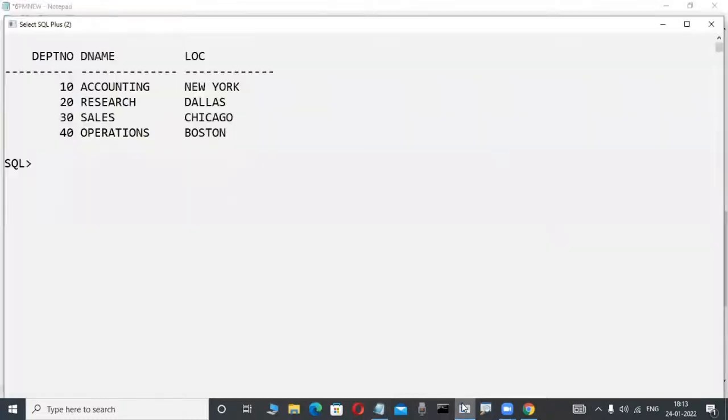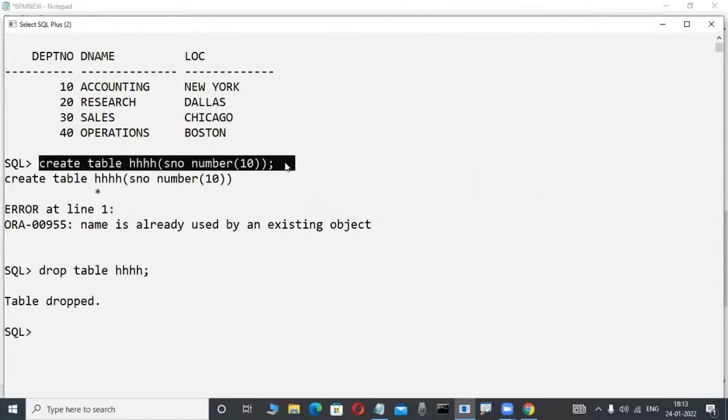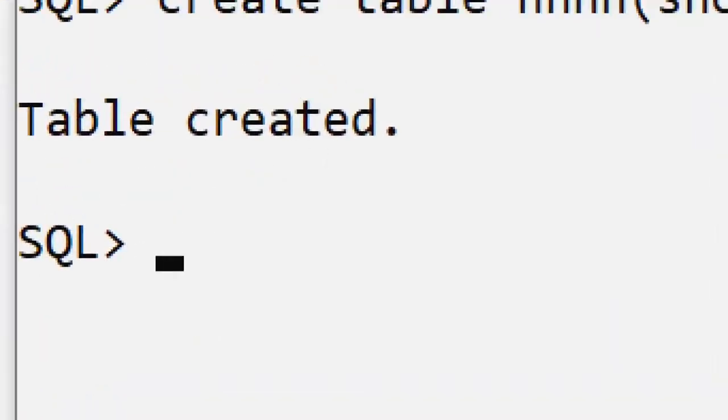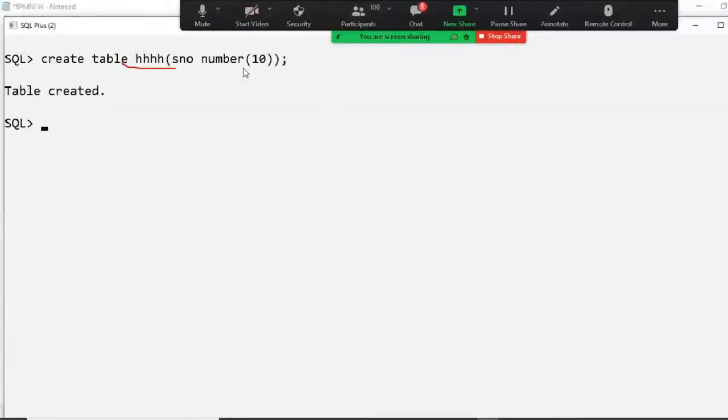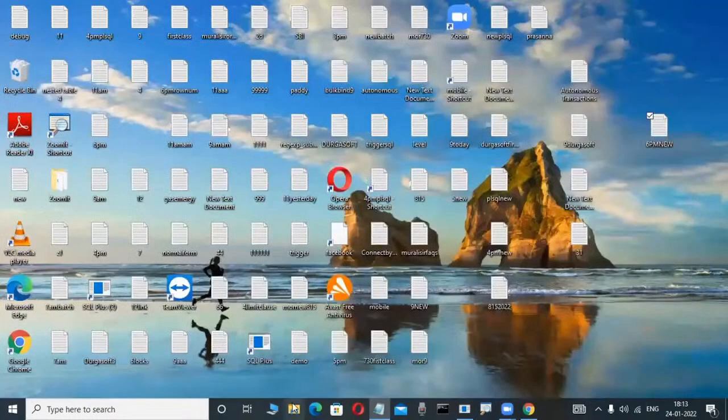Suppose you are creating a table or anything in your database, for example. Whenever I am creating a table, this is not visible in the operating system. Observe here. This is not visible in the operating system.